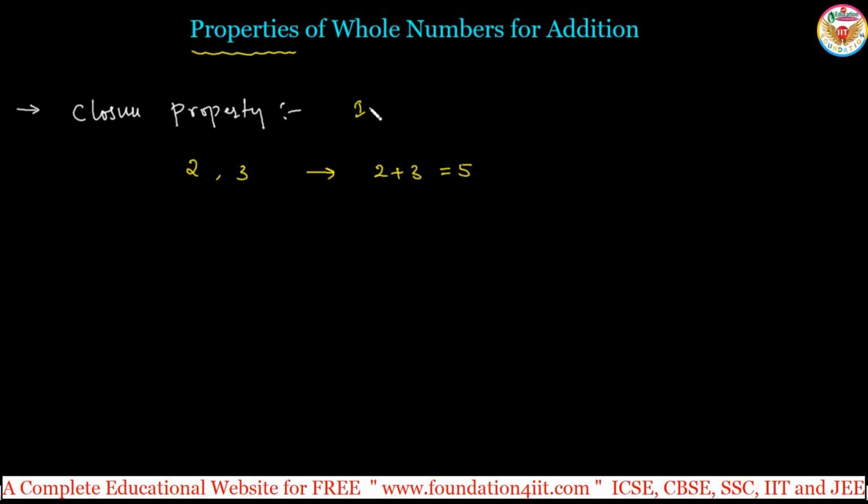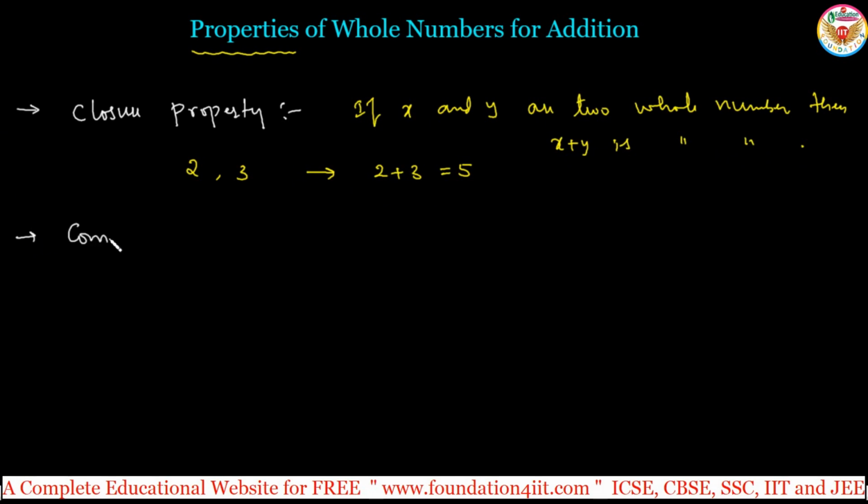So as per the rule, if x and y are two whole numbers, then the sum of those two numbers, x plus y, is a whole number again. So it's a closure property. If you take any two whole numbers and do addition, the result is a whole number. That's the closure property.